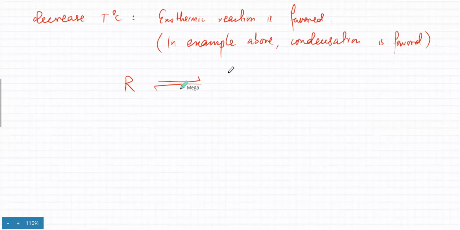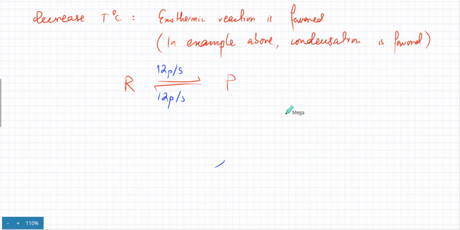Let's say 2 particles per second are changing from reactants to products, and at the same time 2 particles, not even 2, let's make it 12. At the same time 12 particles per second are changing back into reactants. That means the reaction is at equilibrium because the rate of the forward and the rate of the backward reaction are equal.